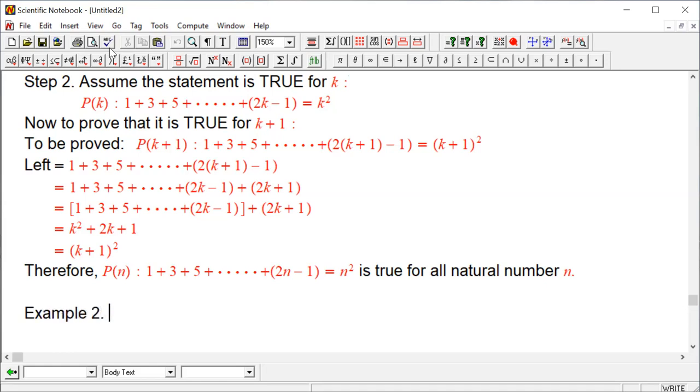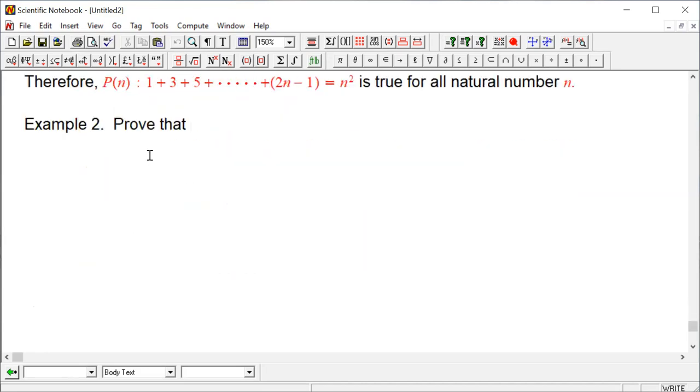Example number 2. Okay, so we are to prove that the sum of the first natural numbers. What is the sum of the first natural numbers? It is 1 plus 2 plus 3 plus all the way to n.